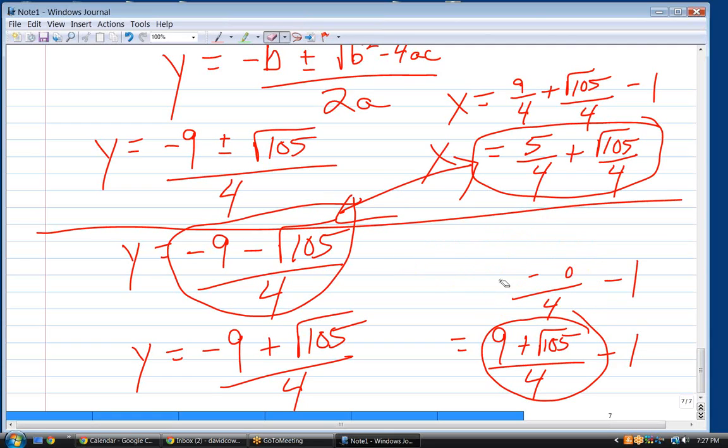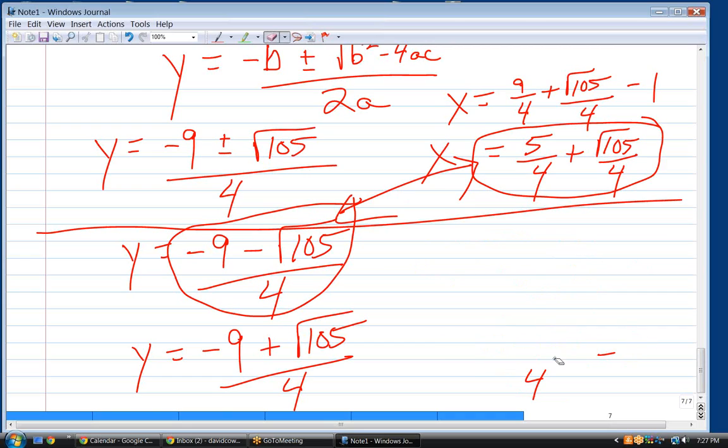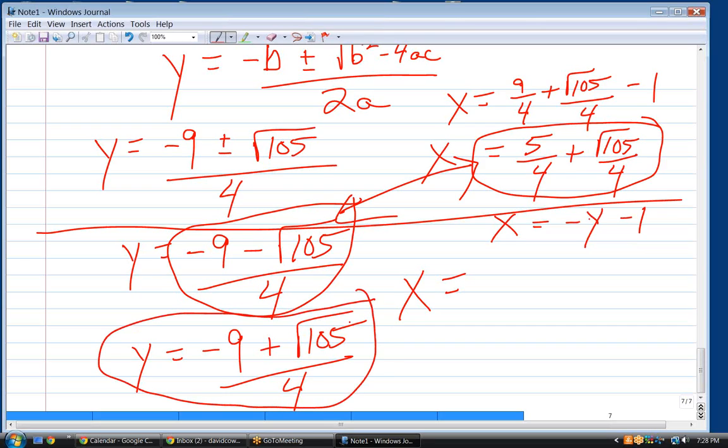Now remember, what we're looking at here is an ellipse transversed by a straight line. So I need another solution. Remember, x is equal to minus y minus 1. Well, for my other solution, I'm going to plug that in for y. Again, parentheses are extremely important here.